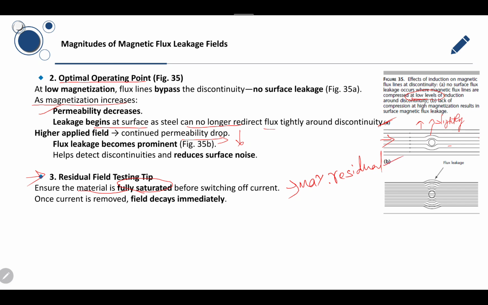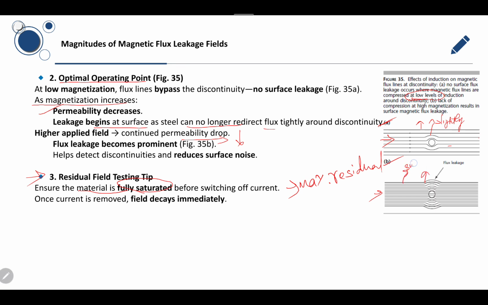This is high induction. Flux leakage occurs. The material is magnetized at a high level, approaching or reaching saturation. The magnetic flux lines are no longer compressed enough to remain completely inside the material. At the discontinuity, flux lines leak out of the surface.